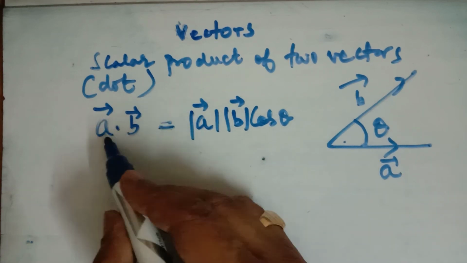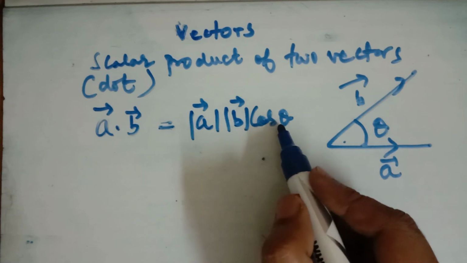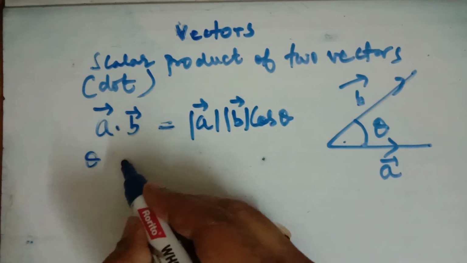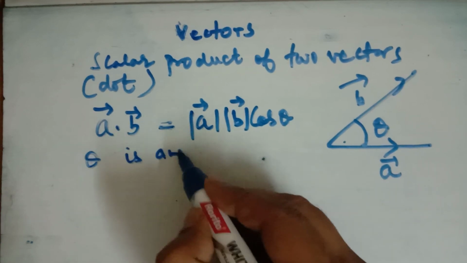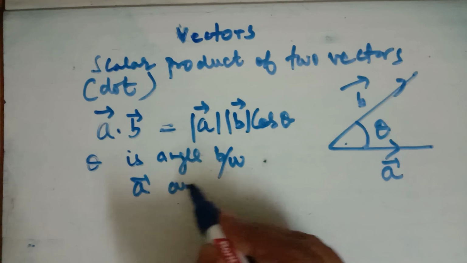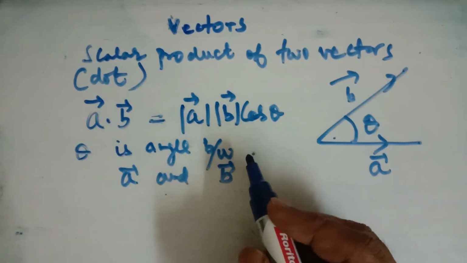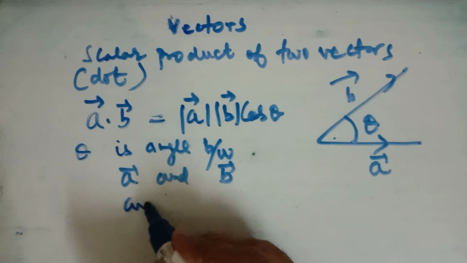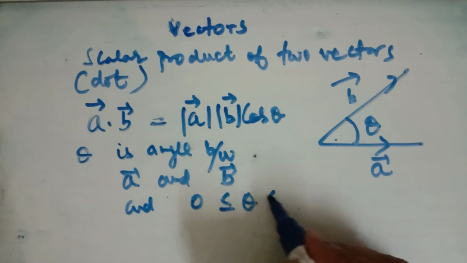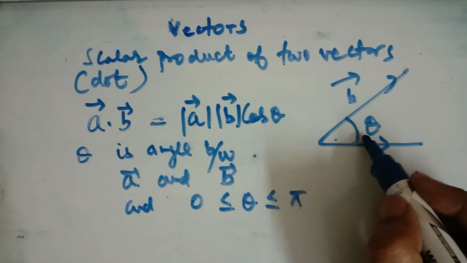The dot product is defined as modulus of a into modulus of b cos theta, where theta is the angle between the vector a and vector b. This theta is greater than or equal to 0 and less than or equal to pi, so the angle is from 0 to 180 degrees.